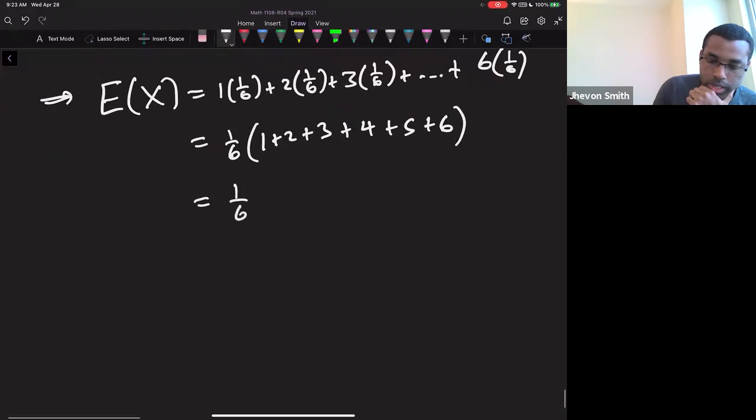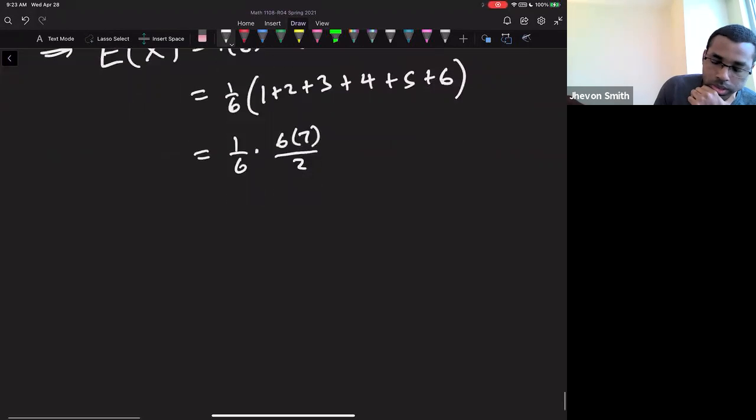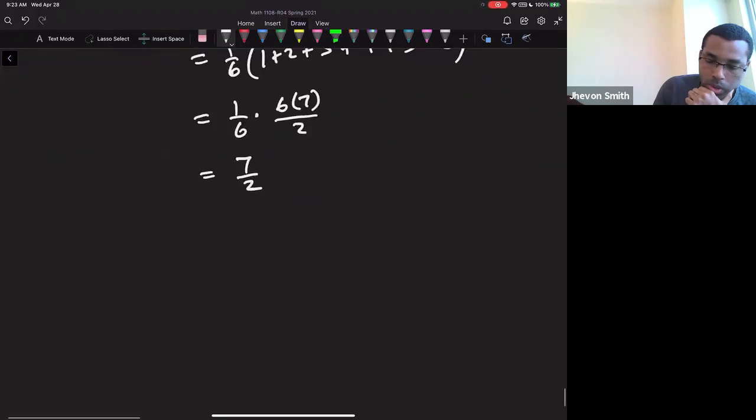It's going to be 1/6 times 6 times 7 over 2. So you'll get 7 halves, or 3.5.